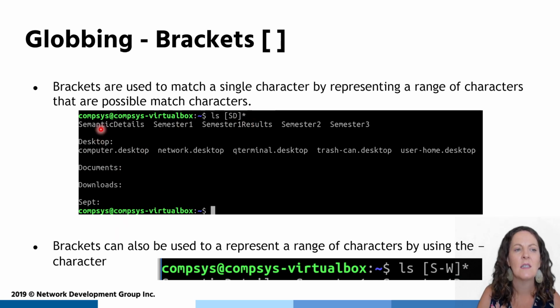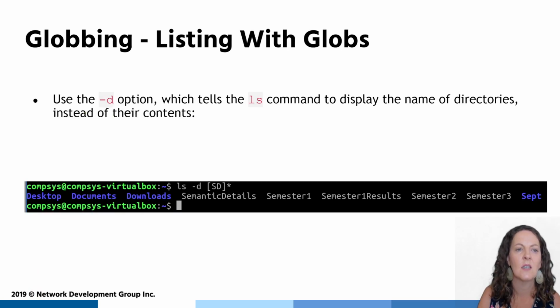You can see here it says semantic details, there's files, and then for where it found a directory, it lists the contents inside that directory. What if I don't necessarily want to list the contents inside a directory? Then you can use the -d. So it'll just list a directory without telling me what's inside desktop, what's inside documents, and so on.